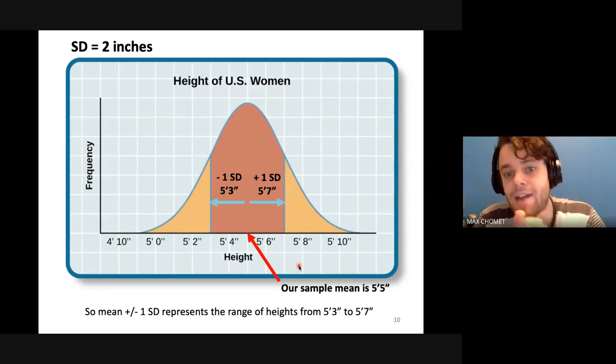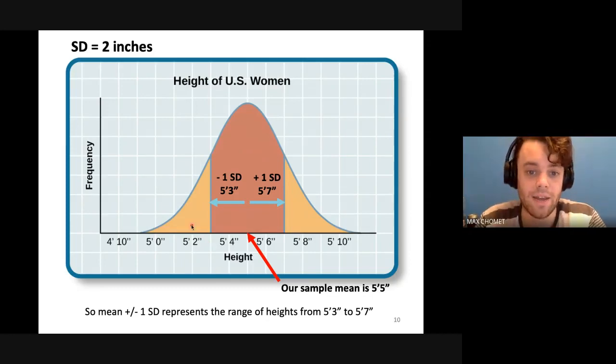What that means is, on average, any given person that I sampled here, her height was about 2 inches away from 5'5".